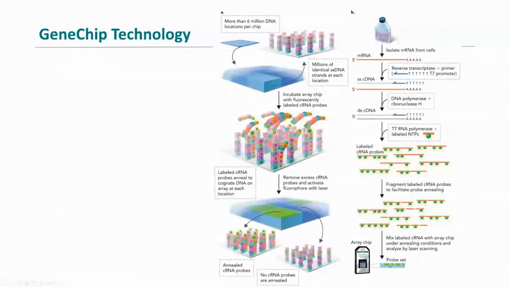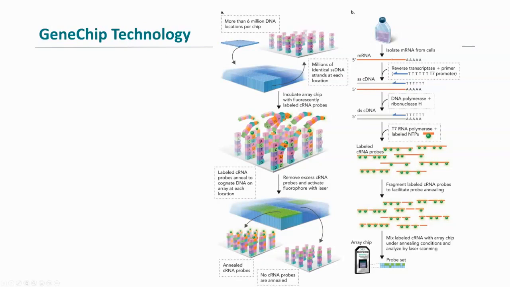And then basically you have all these oligo primer DNAs on the slide, and then you add the cDNA.